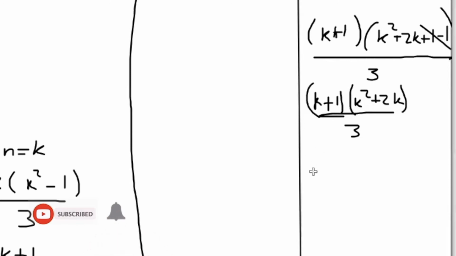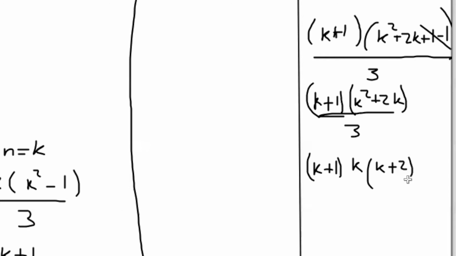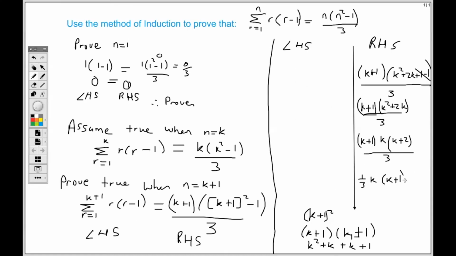Now k is common and I can factor out a k, so here I will have k open bracket, k plus 2, all over 3. Since it's in the denominator, it's the same thing as 1/3. Then I can write the k first, followed by k plus 1 multiplied by k plus 2. So this is what I'm going to get for the right hand side.